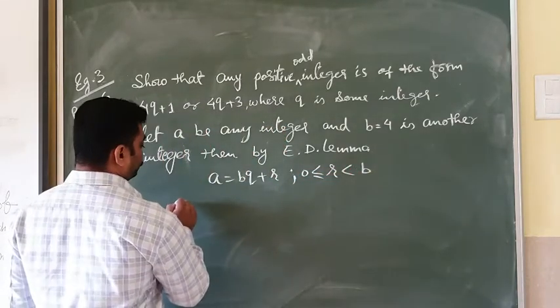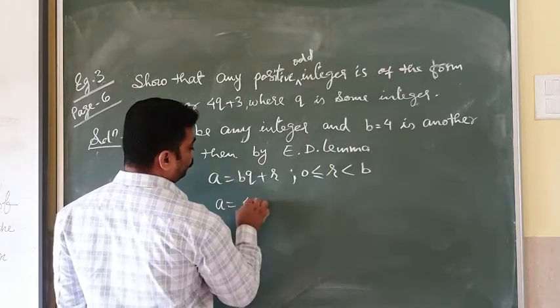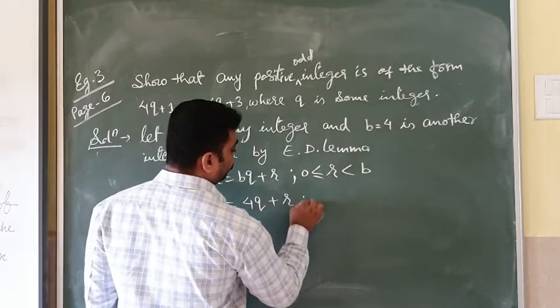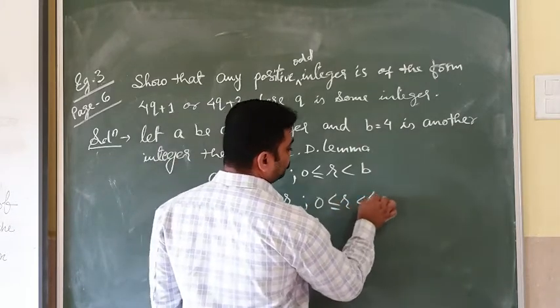So this implies a is equal to 4q plus r, where r is greater than or equal to 0 and less than 4.